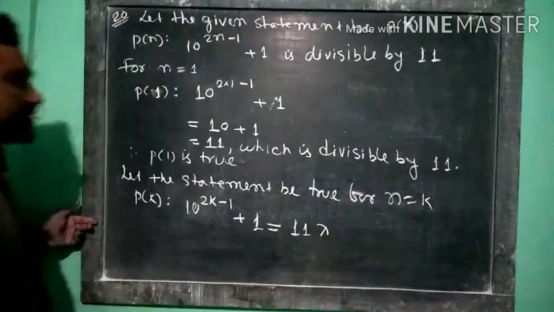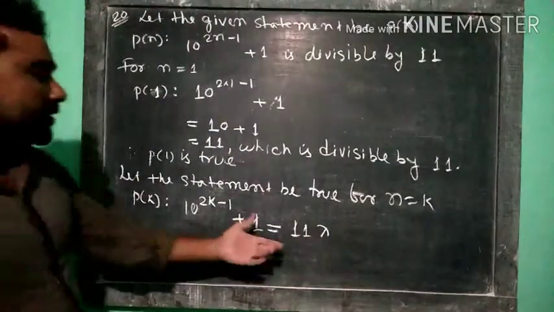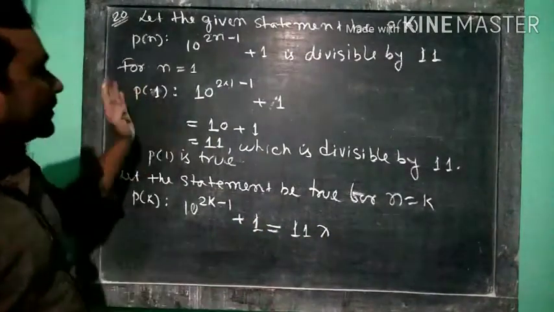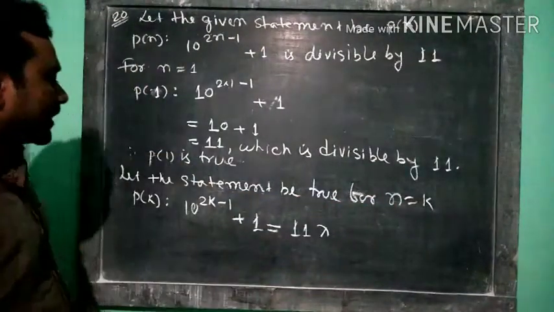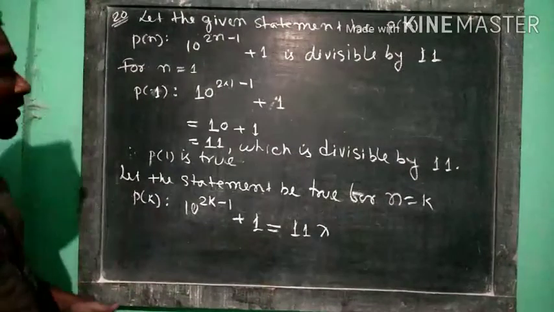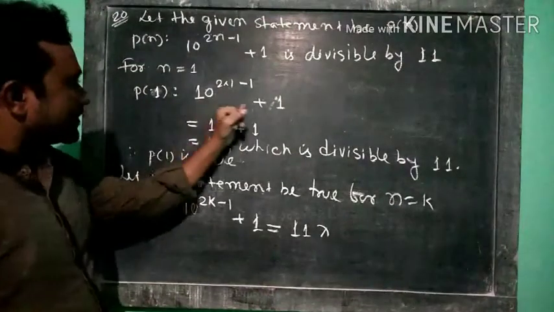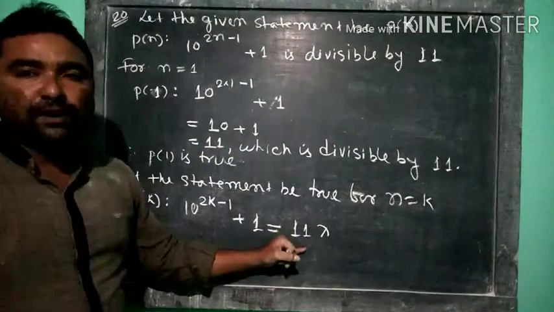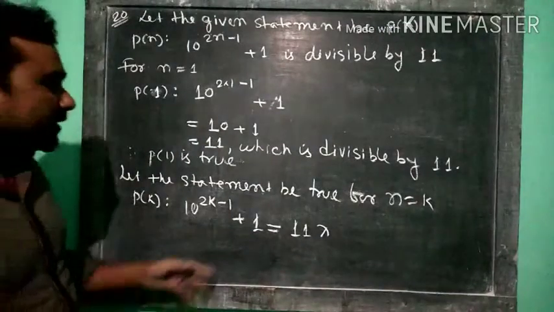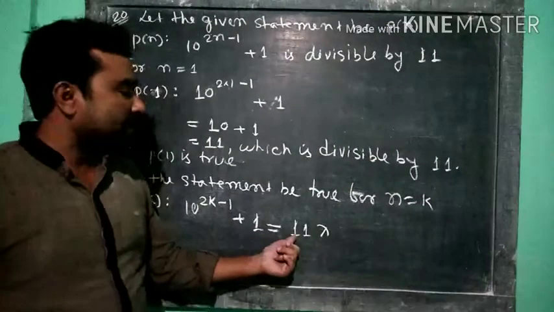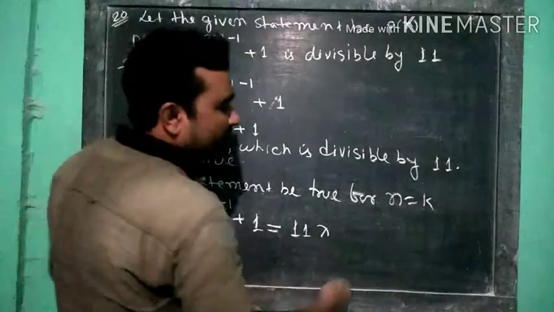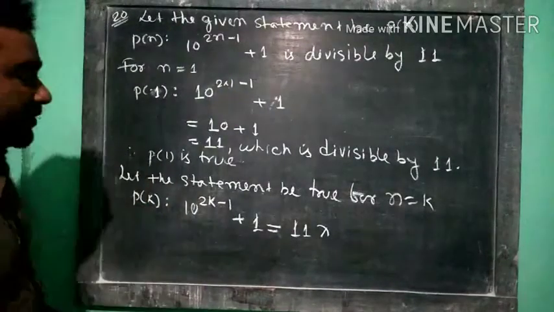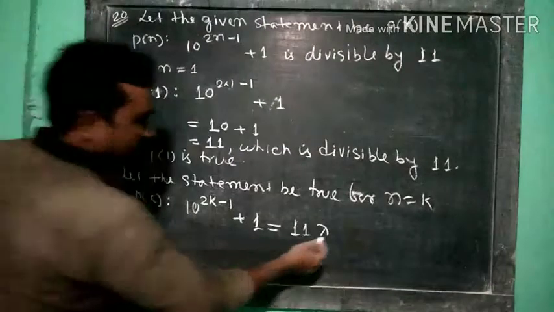Suppose this is lambda. Why do we write lambda here? Because the statement is true for n equal to k, this is divisible by 11, so it can be written as a multiple of 11. So lambda is any constant.